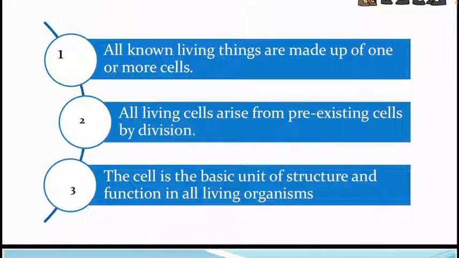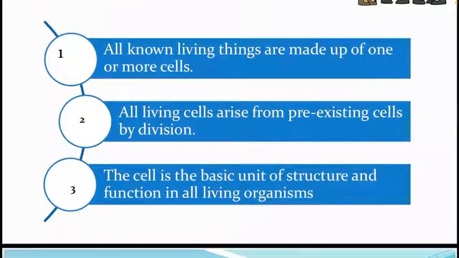What they all concluded is that all living organisms are made up of one or more cells. And all living cells always arise from pre-existing cells by cell division. And they concluded that the cell is the basic unit of structure and function in all living organisms.